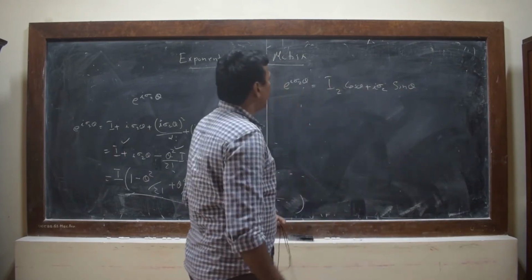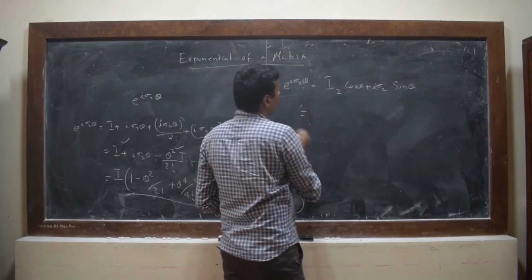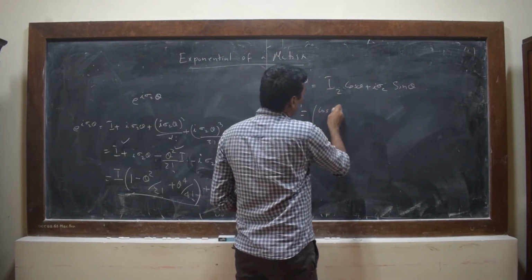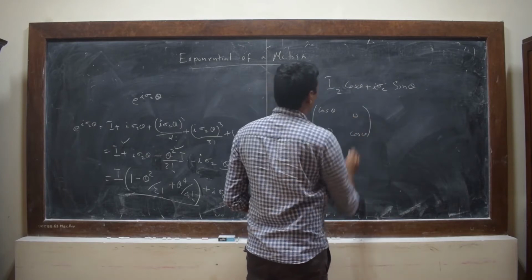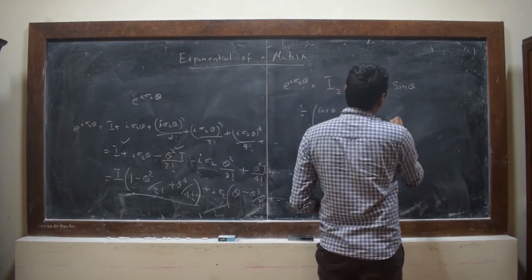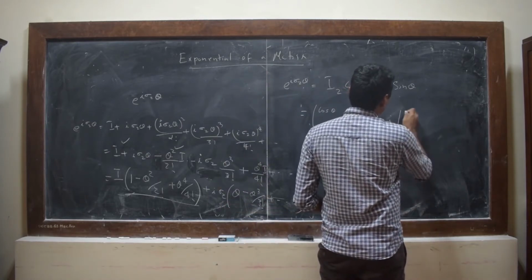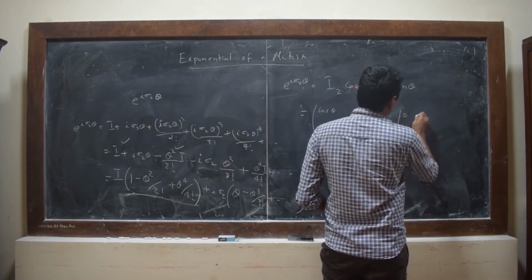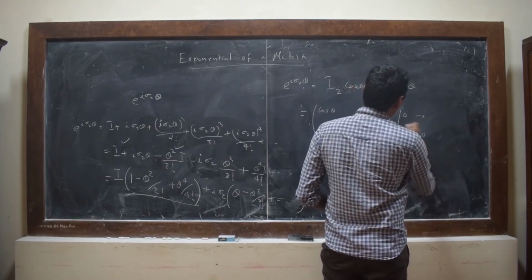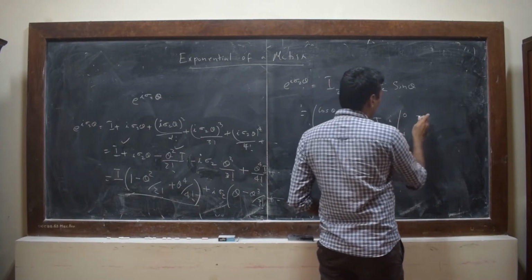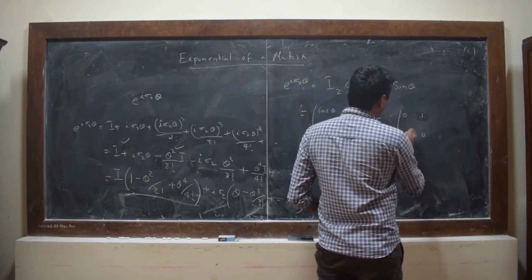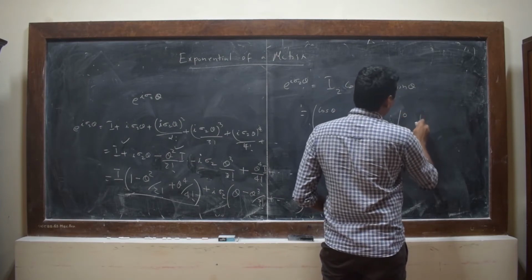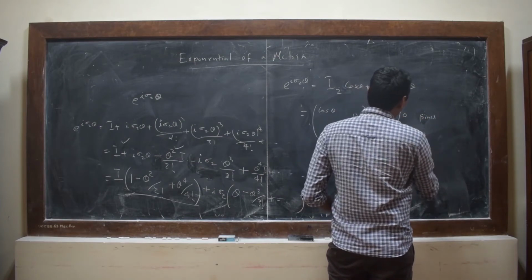Okay. All right. So, this is what? This will be cos theta 0 0 cos theta, plus i into 0 minus i, i 0. So, i into minus i will be 1, and i times i will be minus 1. So, into sin theta will be sin theta, minus sin theta.